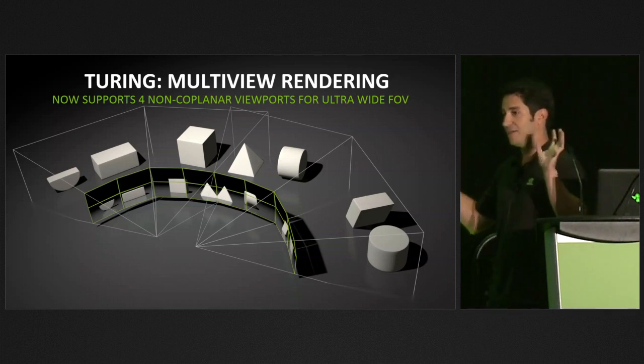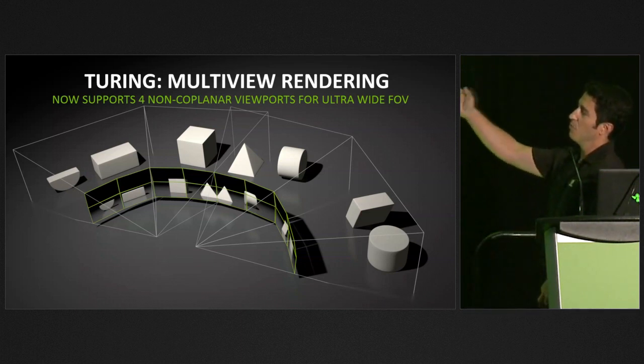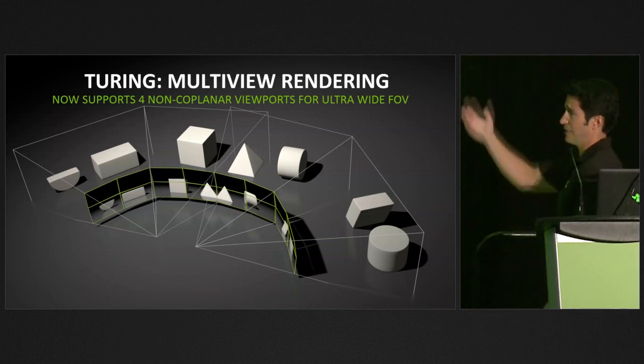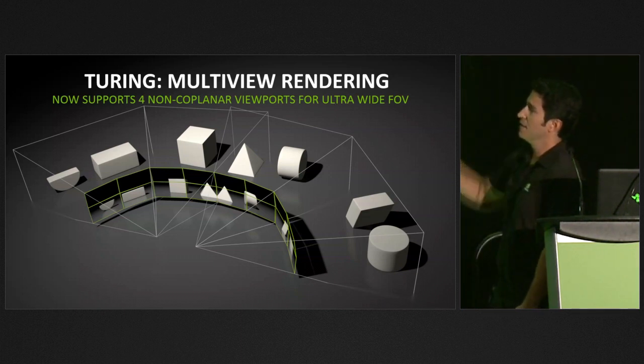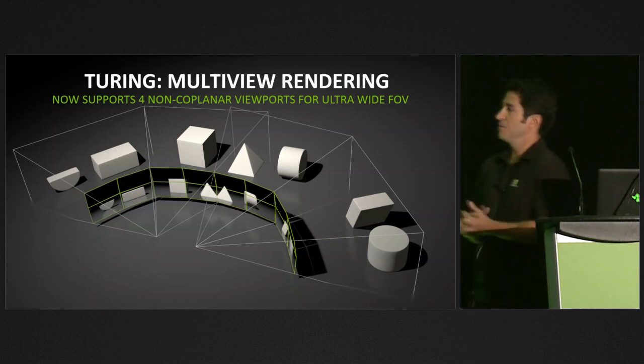You'll get bad shearing and warping in the edges. So ideally, you would be able to do it with more than 2, say 4 projections. And also, this would allow you to vary the resolution in the periphery to better match the user's visual acuity, stuff like that. That obviously wouldn't be possible with single-pass stereo.